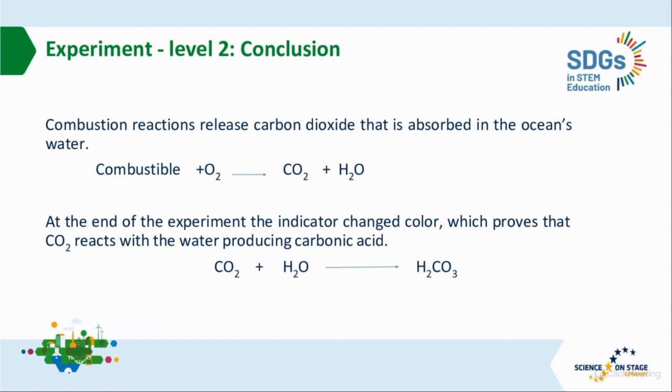And with the indicator, we will prove that carbon dioxide reacts with water and produces carbonic acid, which decreases the pH of the solution. If you want to, we did, but it's up to you. You can use either an indicator to show that, or you can measure the pH. You could use a pH sensor connected to the Arduino, or you can use a pH meter.